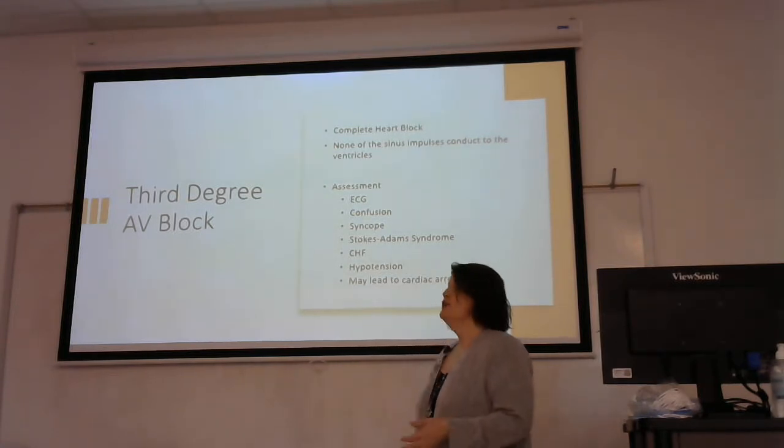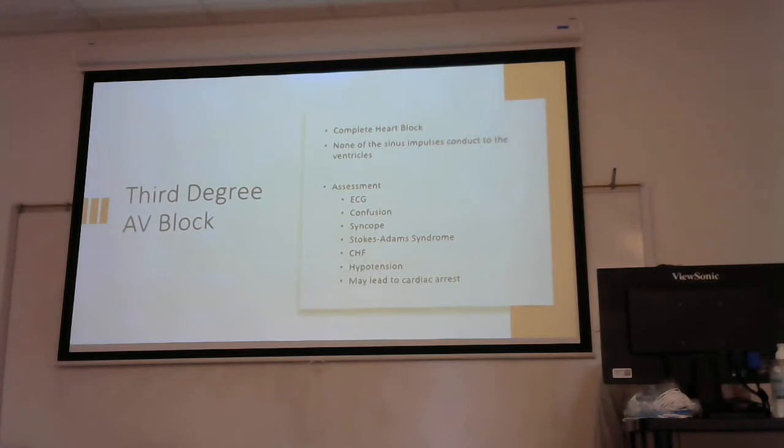You'll have QRS complexes, but they're not where they should be. They're either going to be less than what they should be, or they're going to be greater than what they should be. They don't look quite right.